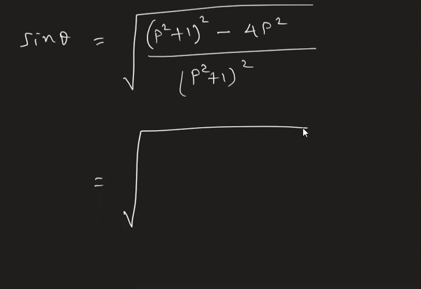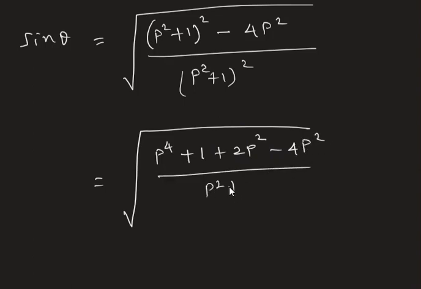Okay, now let us expand, so p squared whole squared, p power 4, and then plus 1 squared, 1, and then 2ab, is it not? So 2p squared minus 4p squared whole divided by p squared plus 1 whole squared.